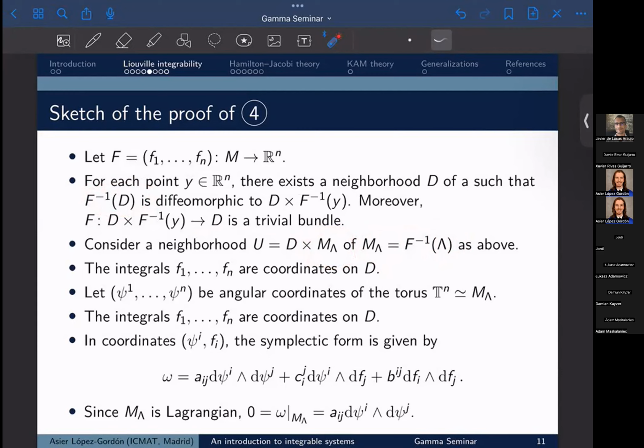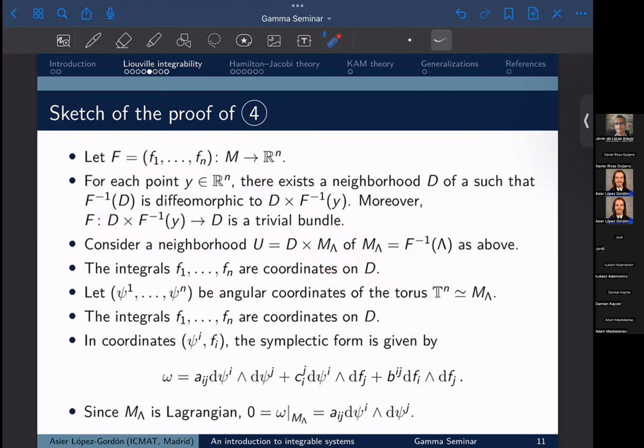Observe that, basically by construction and using this result, the integrals f1 to fn are coordinates on D, because this is a trivial bundle. And on the other hand, we know that M lambda is diffeomorphic to a torus.